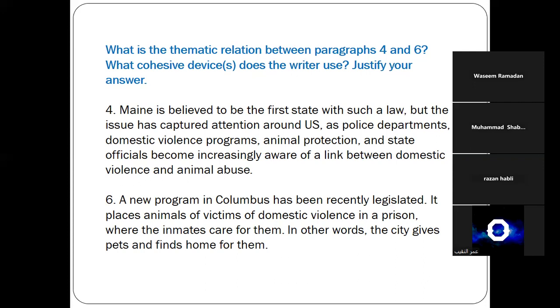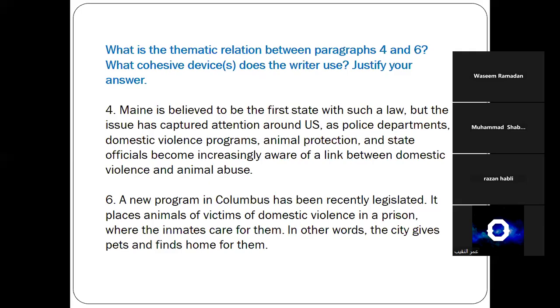First of all, guys, domestic violence, the word domestic means inside the house. This is something you should know. The word domestic means inside the house, local. So paragraph 4 is saying that there is a law in Maine, as one of the states inside the US, simply because there has been an increasing incidence of animals being abused, and this has become part of domestic violence.